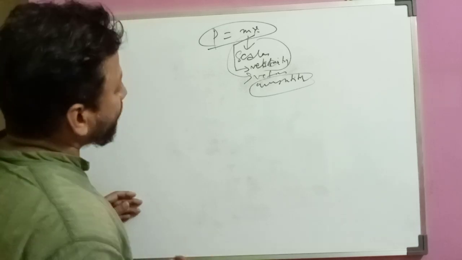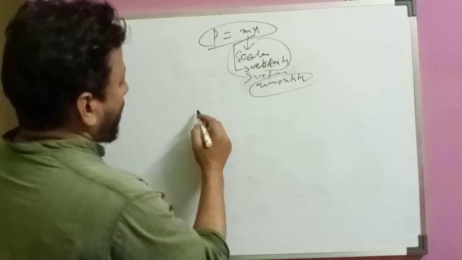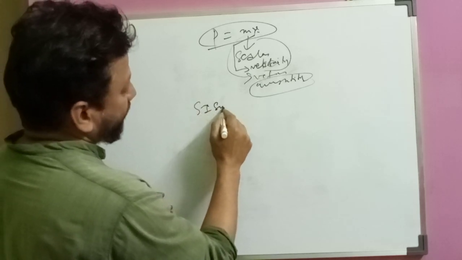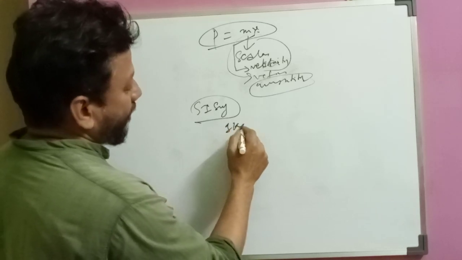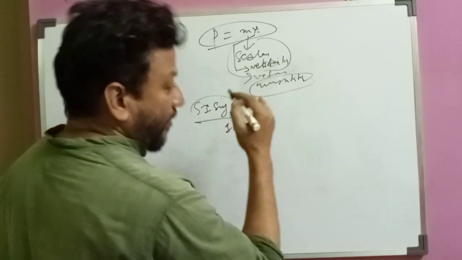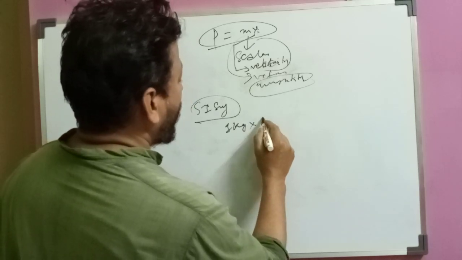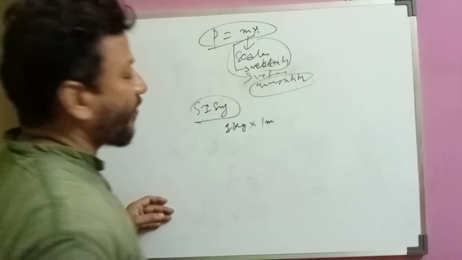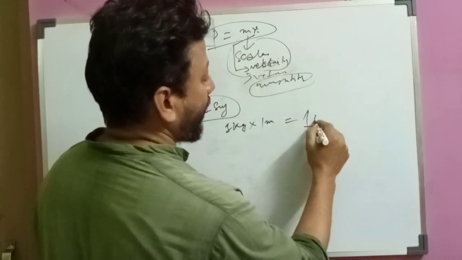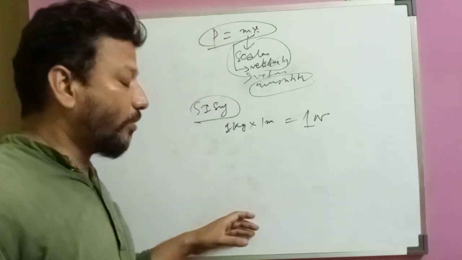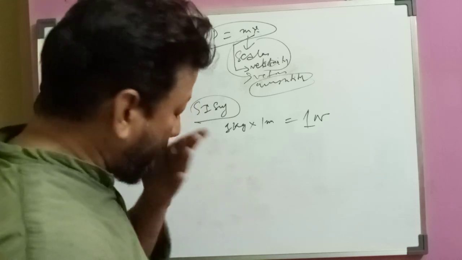After this, another topic: units of force. In the SI system, 1 kg of mass with 1 meter per second squared gives you the unit of 1 Newton.